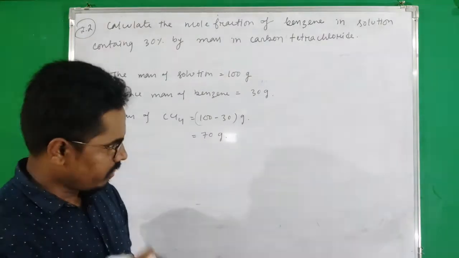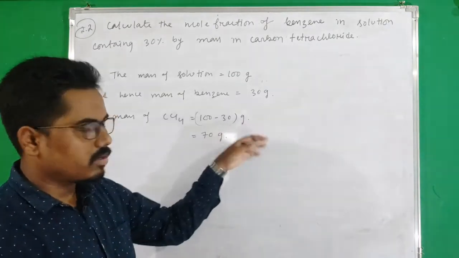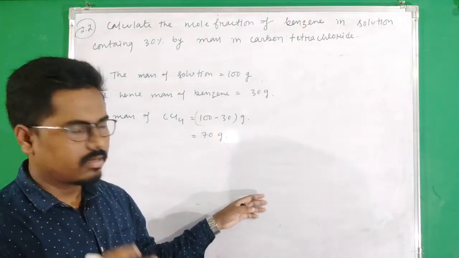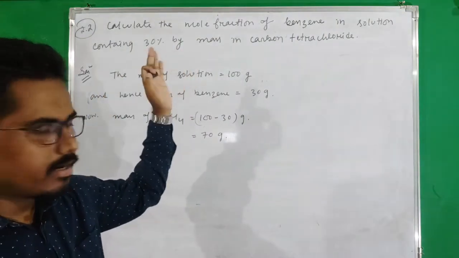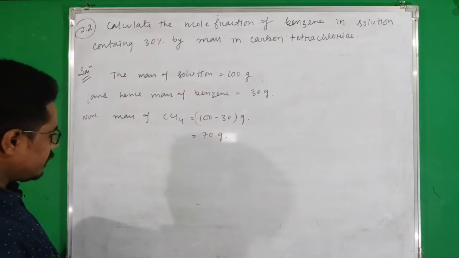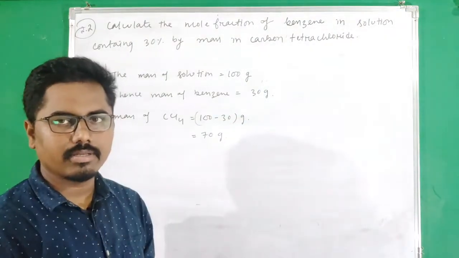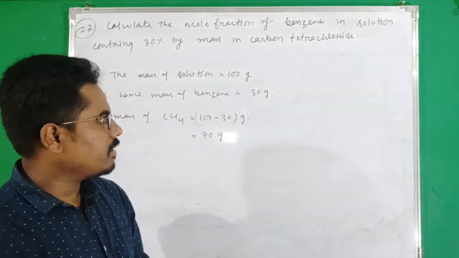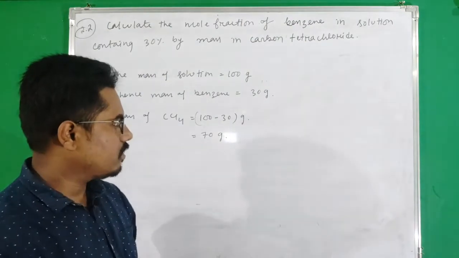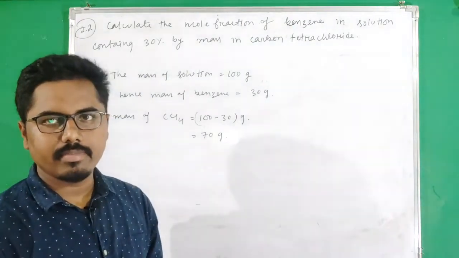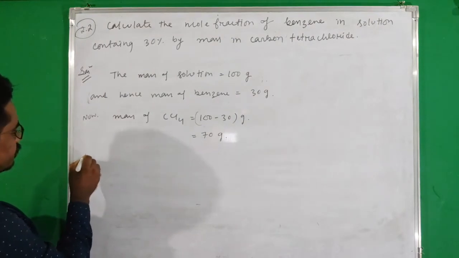Because we already discussed in our earlier class that mole fraction equals number of moles of that component divided by total number of moles of the solution. Here the number of moles is not directly given, but we can determine the number of moles from given mass, because number of moles equals given mass of solute divided by molar mass of solute, or in case of solvent, given mass of solvent divided by molar mass of solvent.